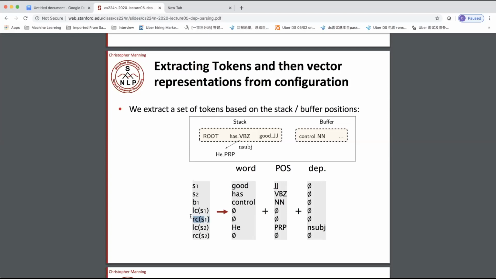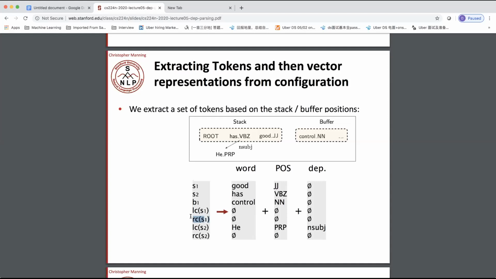I'm thinking from another point. Yeah, go ahead. I think we need to consider the time step at this state, right? Looking at this one, we can guess what the last action the neural network predicted. It could be shift. So that's why we have good in the stack.